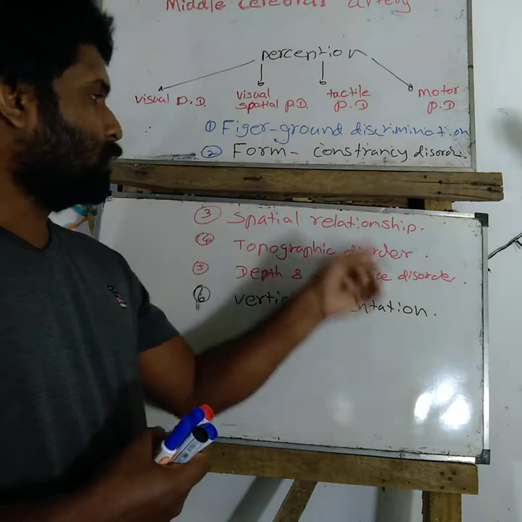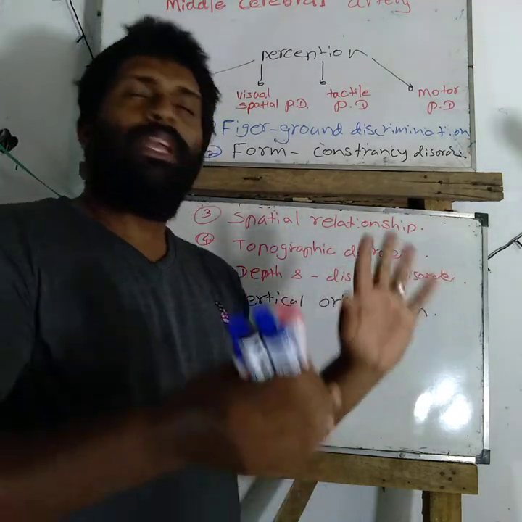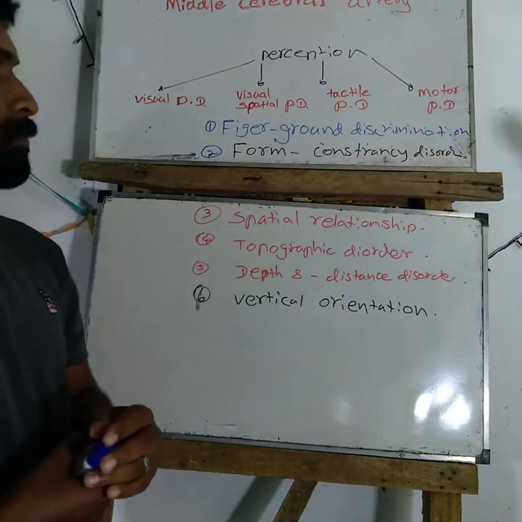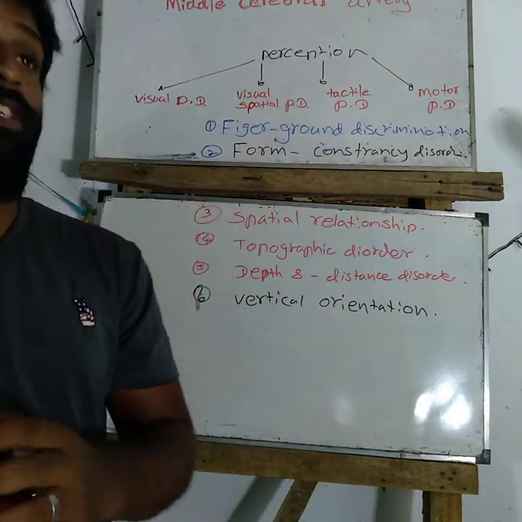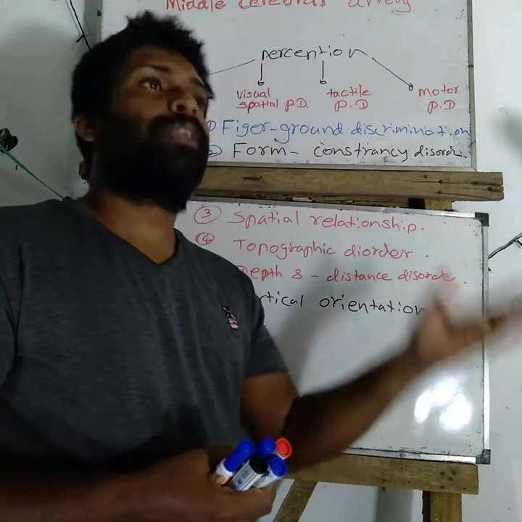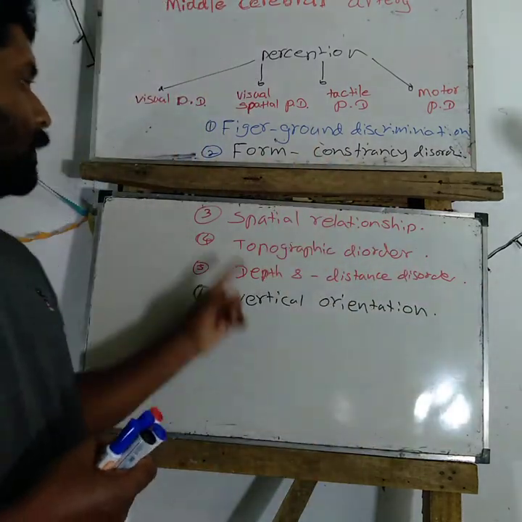Third one is spatial relation. We also have spatial relationships, but spatial relationship dysfunction is the problem the patient has.